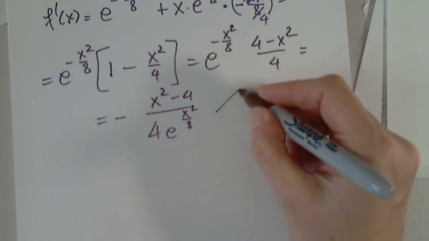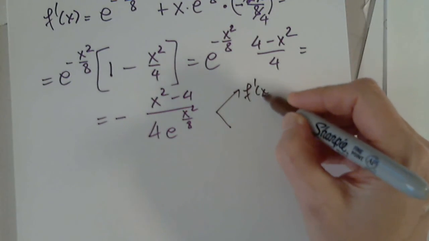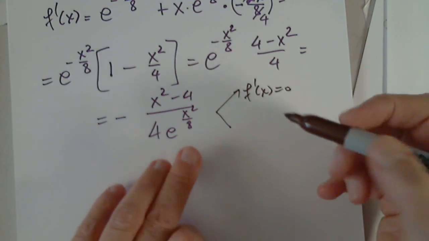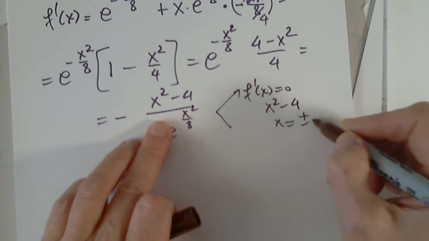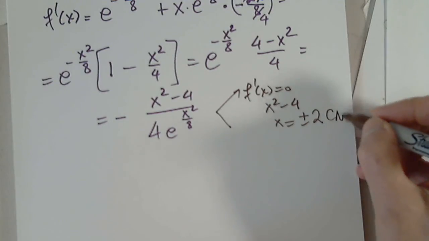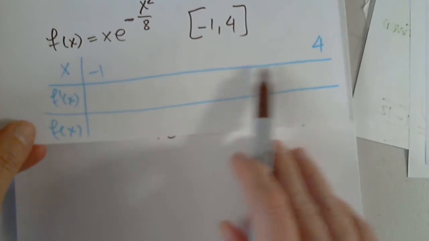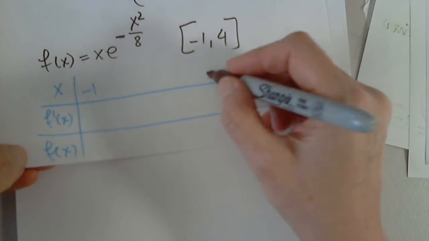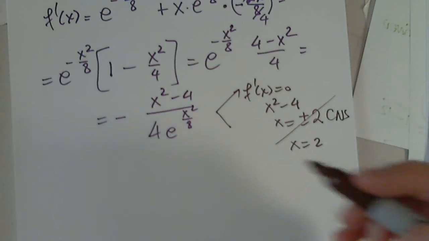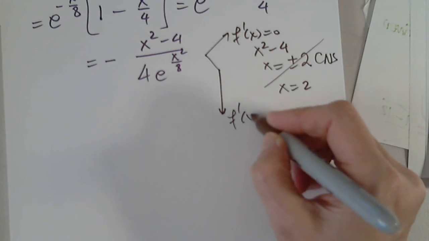So now there are 2 possibilities for critical numbers from f prime being 0. Yes, it's 0 if the top is 0, which gives us plus or minus 2. So these are critical numbers, and you can say, wait a minute. No. Only x equals 2. And the other option is when f prime is undefined.